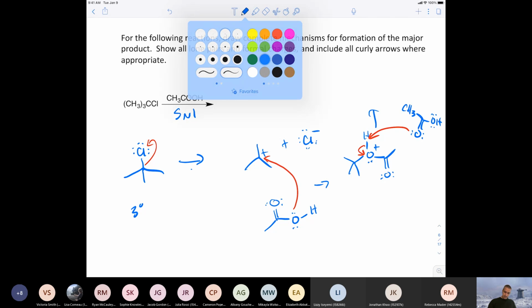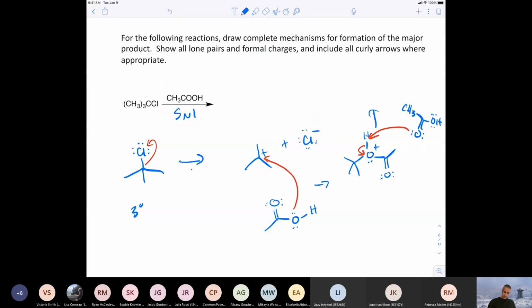And we get another ester. We're not going to bother drawing the other products. This is the one we're interested in. Cool.